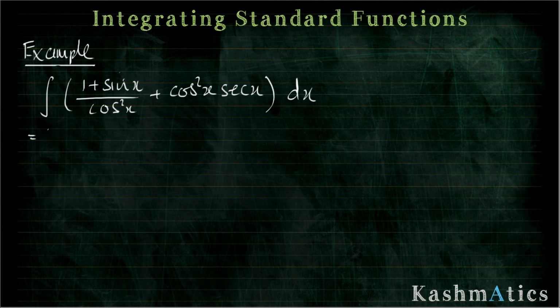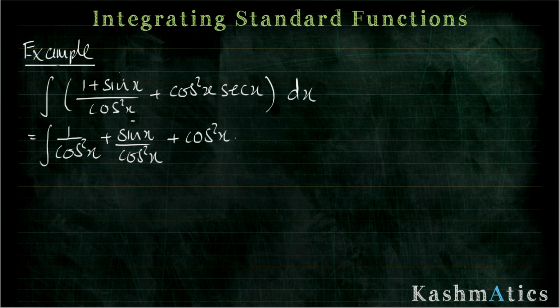But what we can do is we can split this fraction. So 1 plus sine x over cos squared x, that's like dividing each of these individually by cos squared x. So I get 1 over cos squared x plus sine x over cos squared x, add cos squared x sec x, so cos squared x times sec x, which is 1 over cos x, dx.